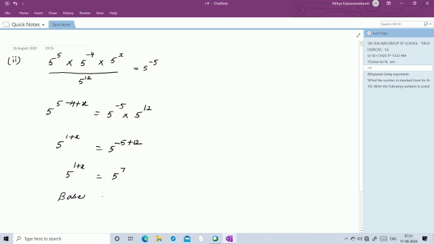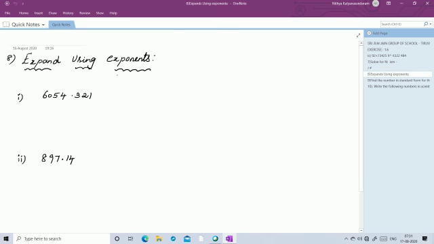So 1 plus x is equal to 7. x is equal to 7, this plus 1 if you are moving that side, minus 1. So x is equal to 6. So the answer is x is equal to 6.